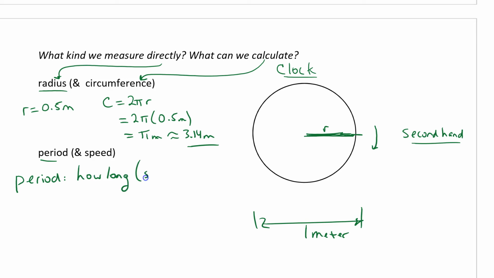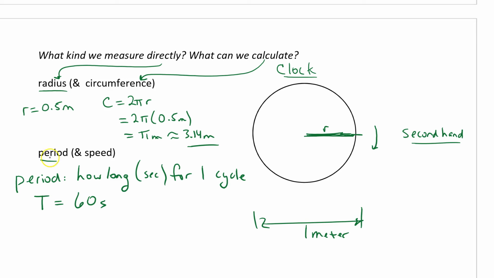So usually we use seconds for one cycle. The letter that we usually use is T for period, and it's a measurement of time. How long does it take for the second hand of a clock to go all the way around? In this example, it would be 60 seconds.